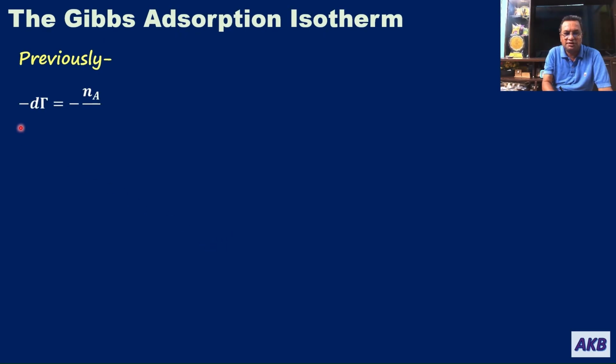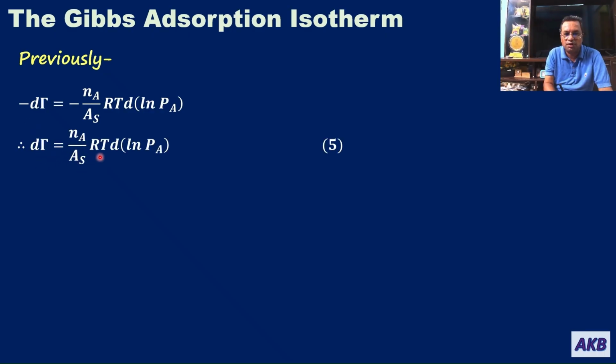Now this negative sign which is present on both the sides will be cancelled out. So it will be d capital gamma is equal to Na upon As into RT into d ln of Pa.